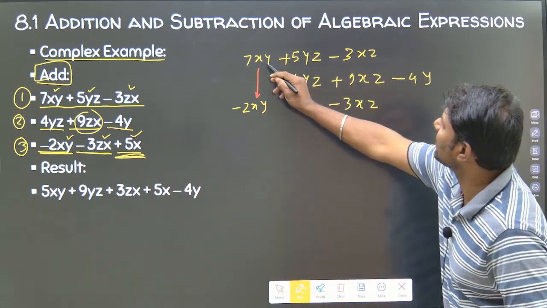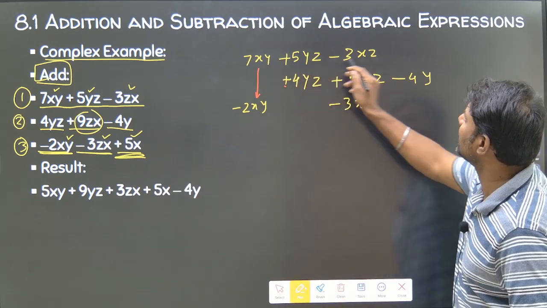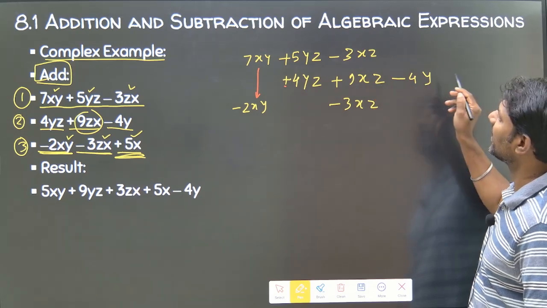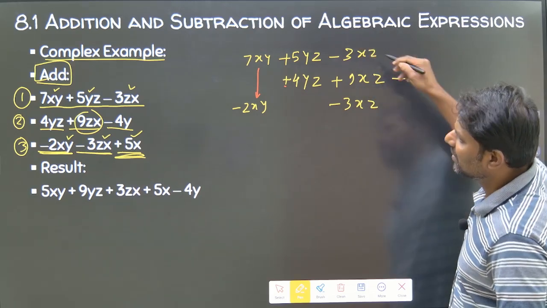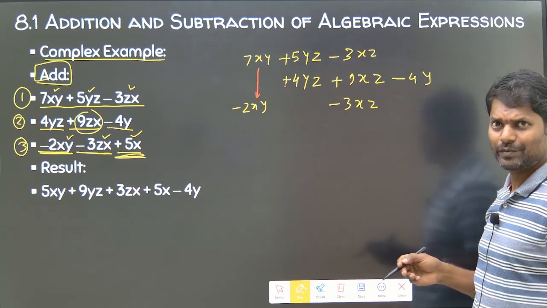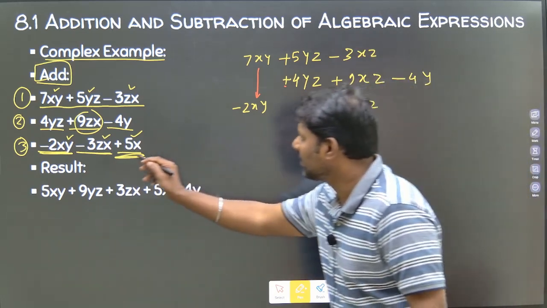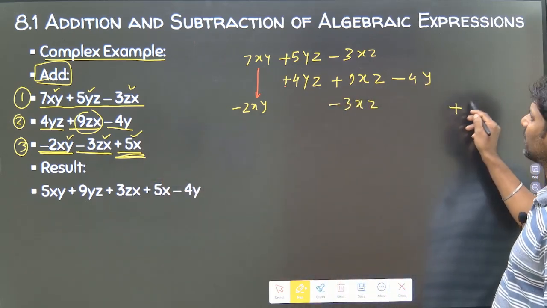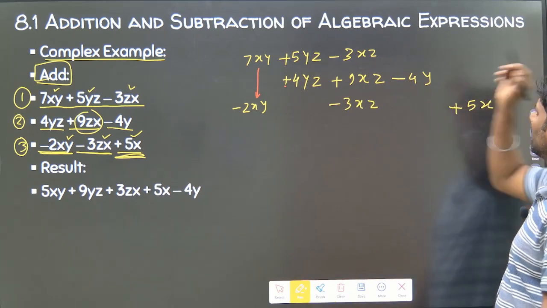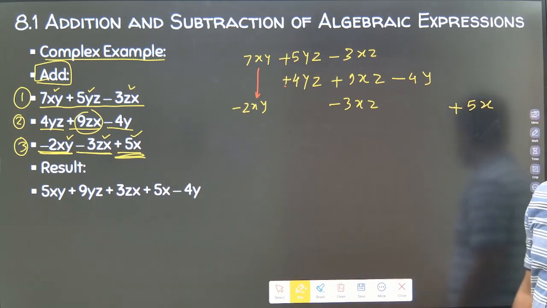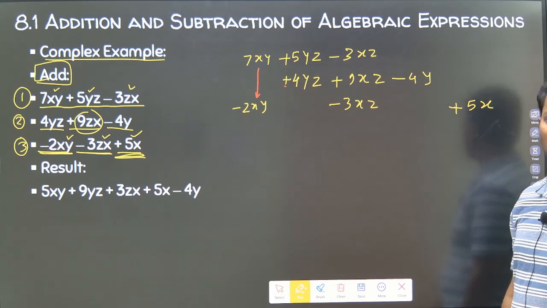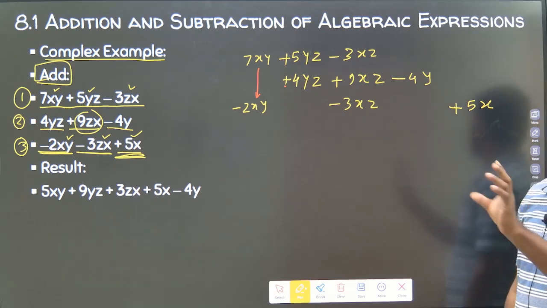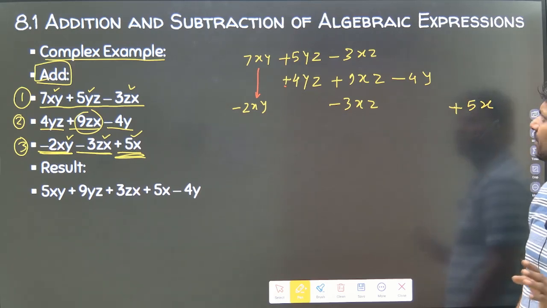So, where is the x term here? xy, yz, xz, yz, xz, 4y. So, there is no x term in the above two expressions. So, I will write 5x separately here. All three expressions I have written with some arrangement.